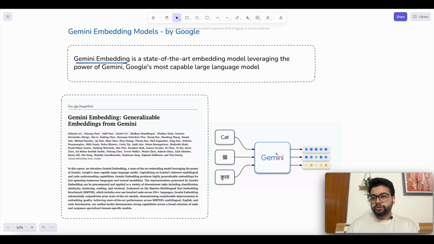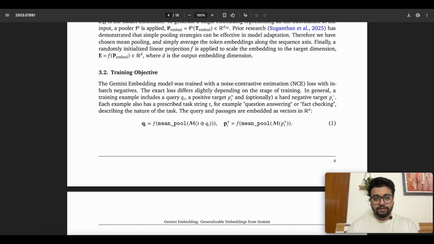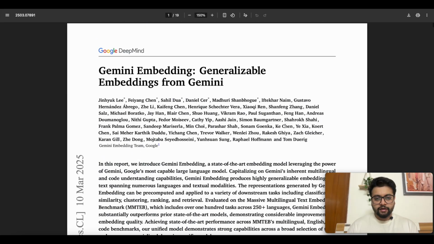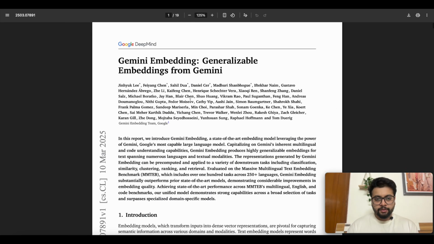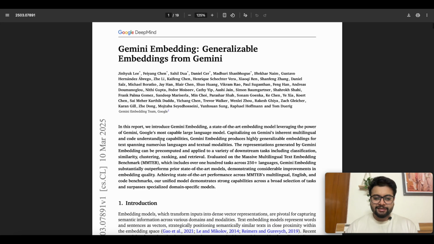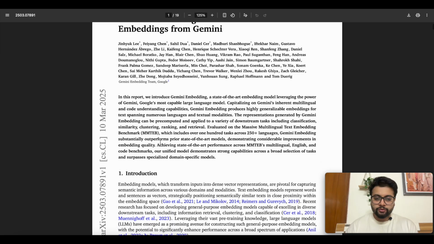And if I want to show you the paper, this is what the paper is. If I scroll up and zoom out a bit, yep, so this is the paper, Gemini Embeddings: Generalizable Embeddings from Gemini. I'll attach the link to this paper in this video, so you can see it and read through it. This is a pretty long paper, so I'll not go through it.